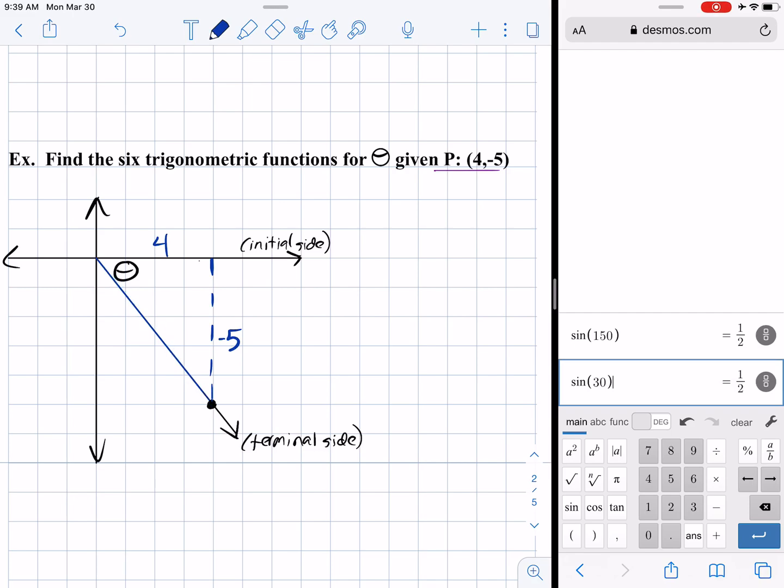And if we have a right triangle, we can just use a squared plus b squared equals c squared to get the hypotenuse length of this right triangle. Because we're writing all 6 trig functions, we need the hypotenuse.